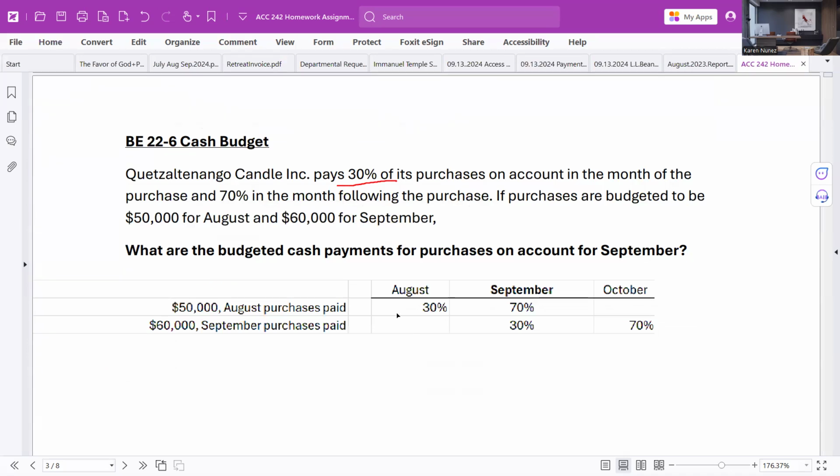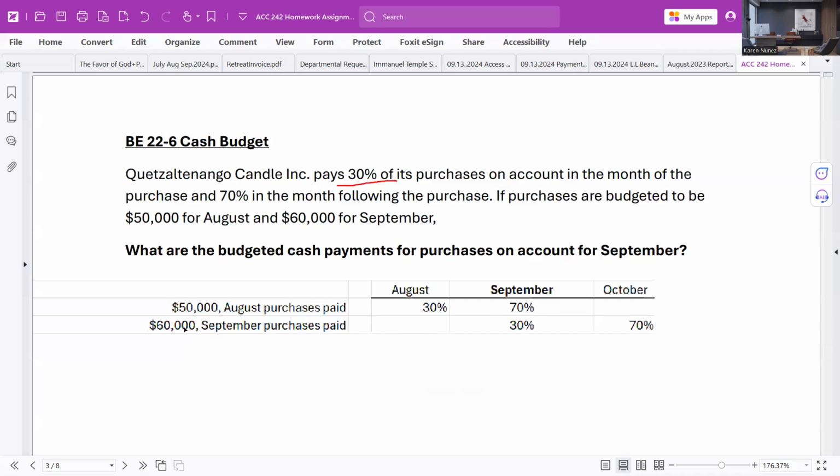What we know is that when they make a purchase, they pay for 30% in the month of purchase. So they've got purchases of 50,000 in the month of August, right? They're going to pay for 30% of those in the month of August, and the remaining 70% won't be paid until September.